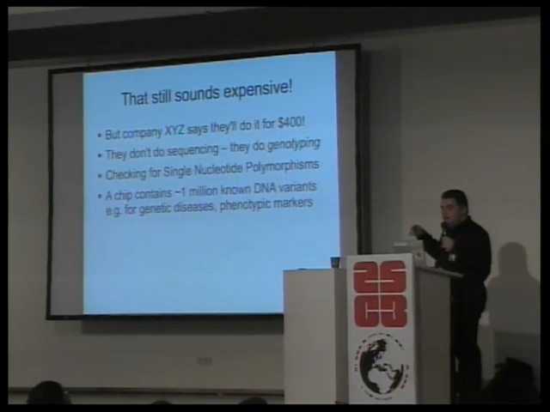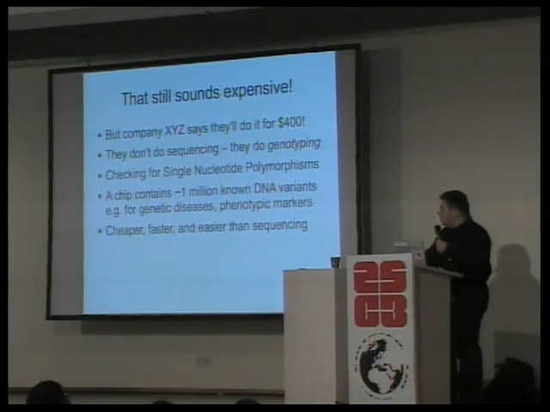So when I started studying, this was barely developed. There was an experimental chip that had 10, not 10 million, 10 of these things on it. And they're now up to 1 million. I think next year we'll see 2 million.